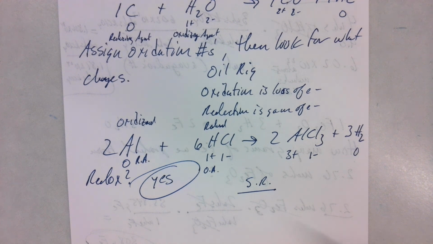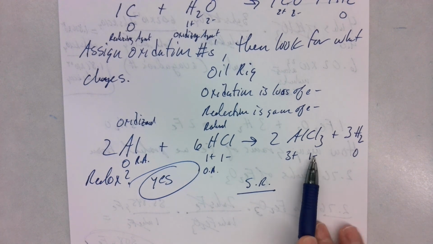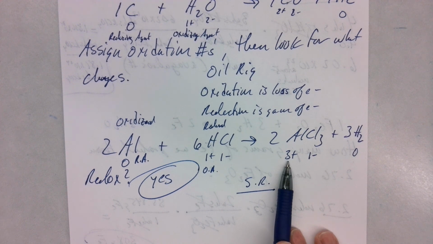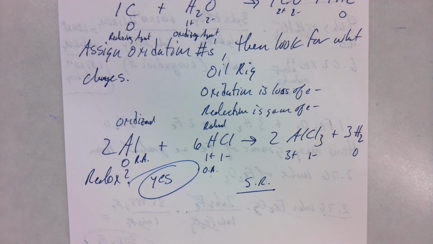Does that make sense? And that'll be important. You've got to do them per atom because that's how you'll tell if they change. I just know that each one's 1 times 3 gives me a 3 negative, which makes that a 3 positive. Exactly. Good question. Anybody else?